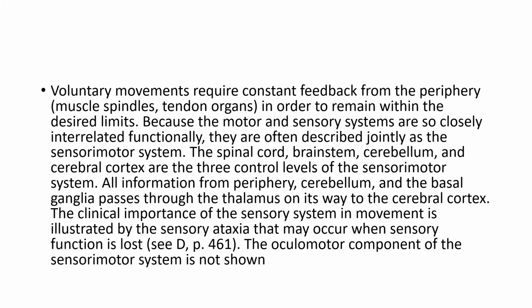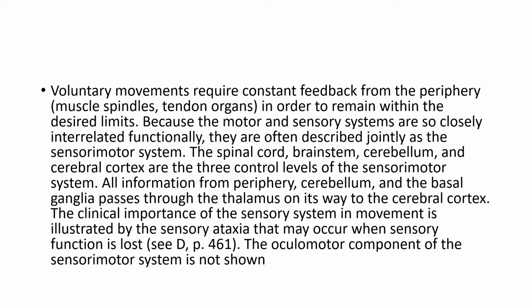That's the whole idea. Okay, so repeat from the last slide that voluntary movements require constant feedback from the periphery in order to remain within the desired limits, and I explained what that means to us in the previous slide. Because the motor and sensory systems are so closely interrelated functionally, they're often described jointly as sensory motor system.